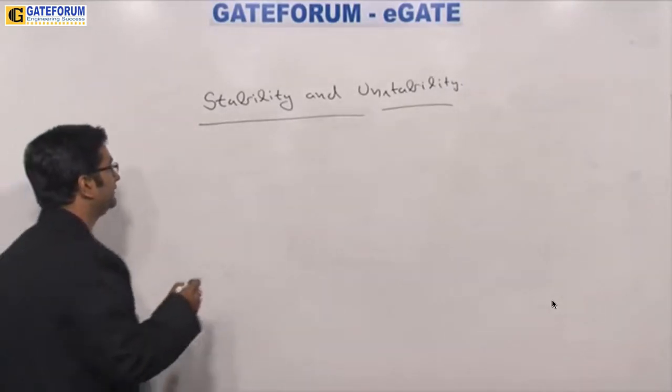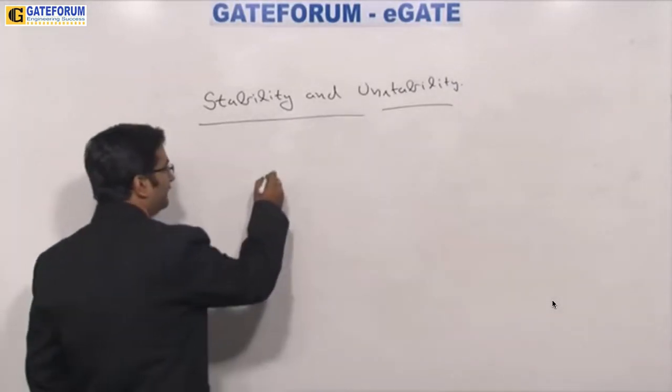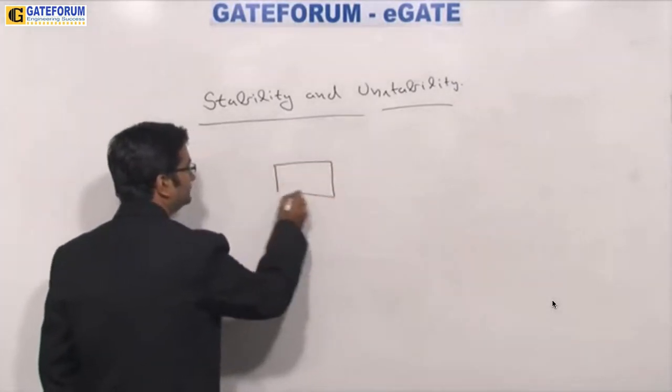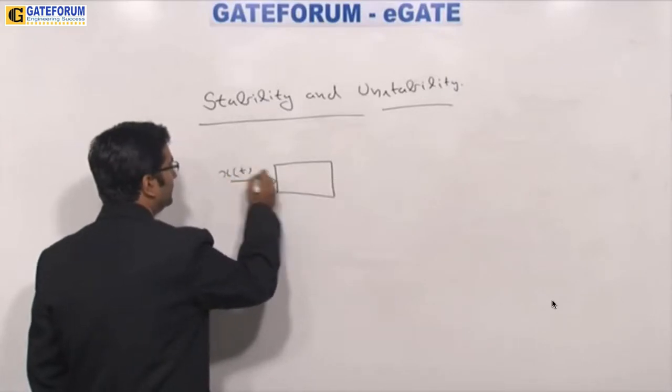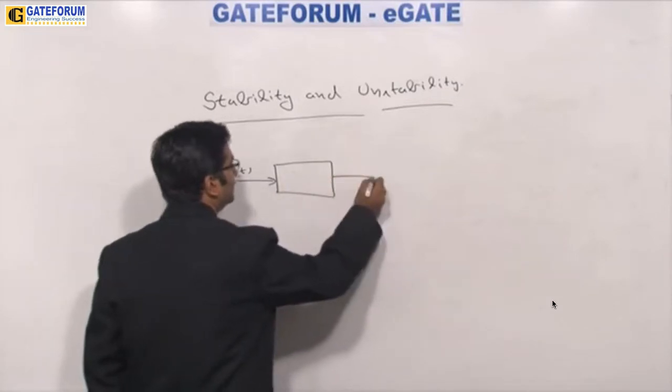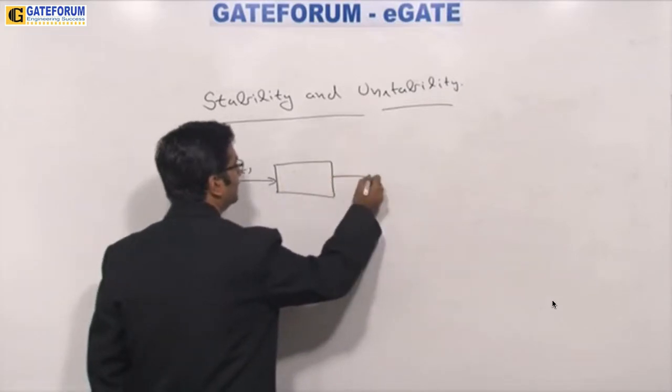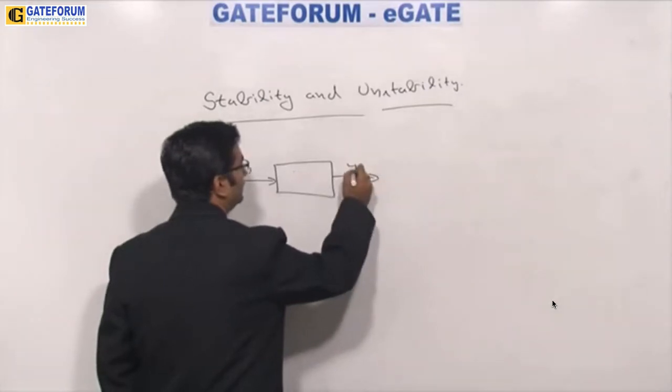Invertible and non-invertible systems. For example, if there is a system whose input is x of t, I'll get output y of t.